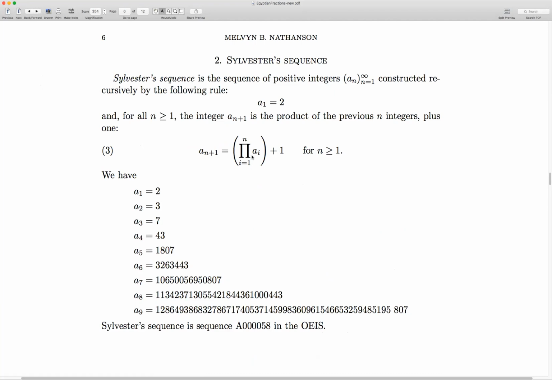Because if you start with A1 up to An, you multiply them together and add 1, you get a number. And this number, which is bigger than 1, is relatively prime to each of these integers. So all the prime factors of An+1 are different from the prime factors of any of the previously constructed A's. So this is what Euclid did. It's very nice.